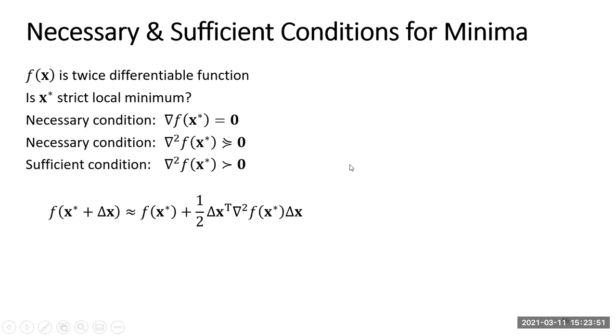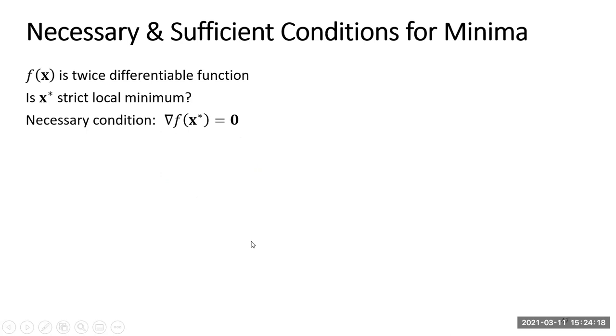Okay, am I making myself clear? Yes. Okay, and this is what I just told you. So this is greater than, because if this is positive definite, then this term here would be greater than 0, in which case f of x star plus delta x is strictly greater than f of x star.